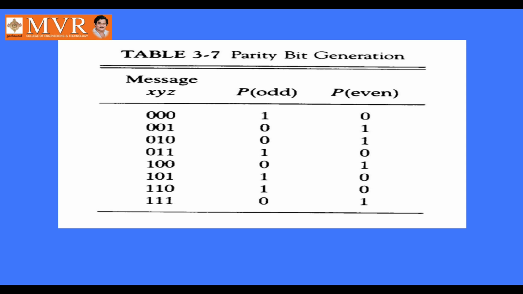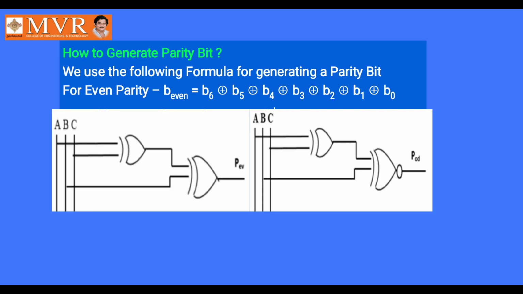Now, let us go through a simple circuit for generating parity bits. There are 2 diagrams given there, which use 2 XOR gates in the first diagram and 1 XOR and an XNOR gate in the second diagram. The formula for even parity is given over there. B even.